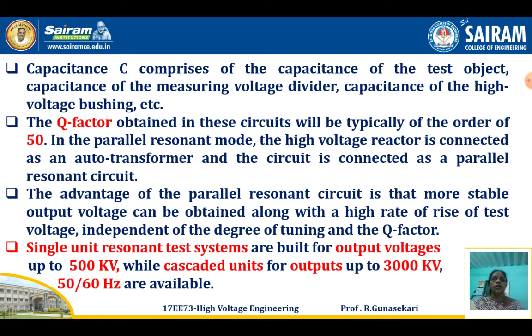Single unit resonant AC test systems are built for output voltages up to 500 kV. With cascade unit connection, the outputs go up to 3000 kV. The frequency of 50 or 60 Hertz is available, that means either 50 Hertz or 60 Hertz.